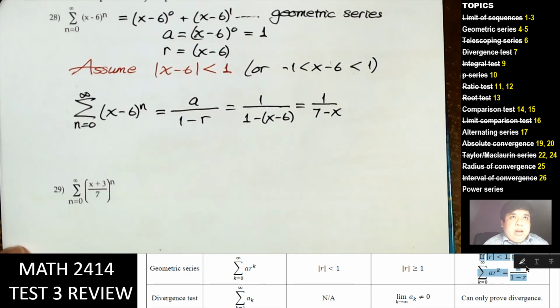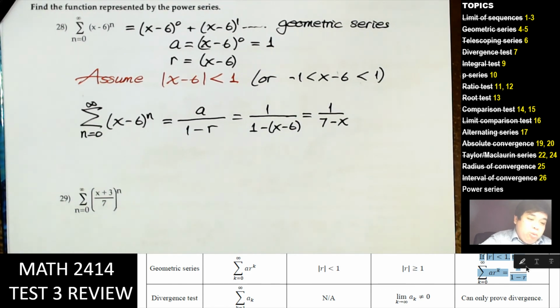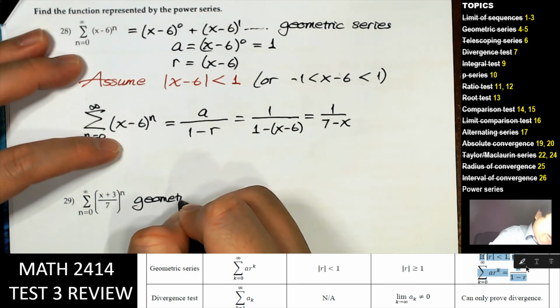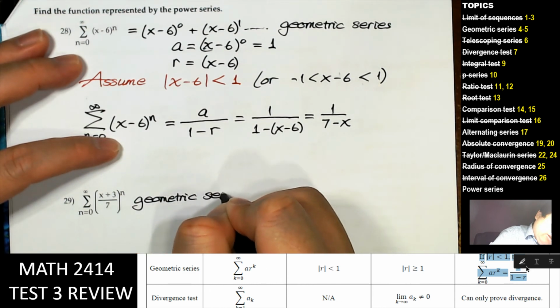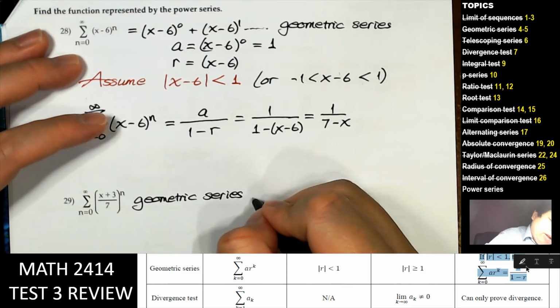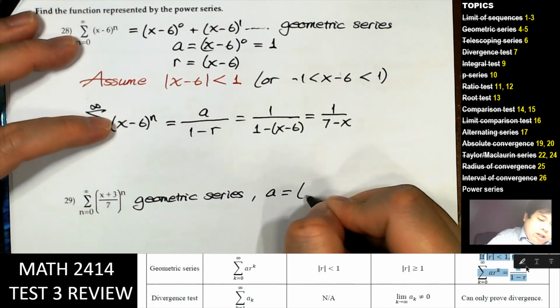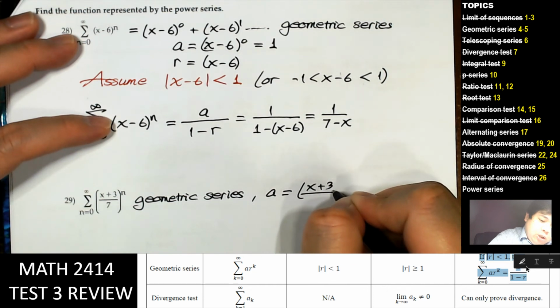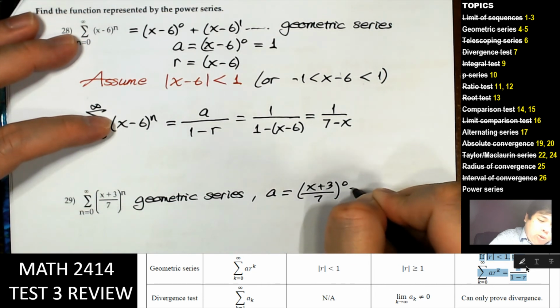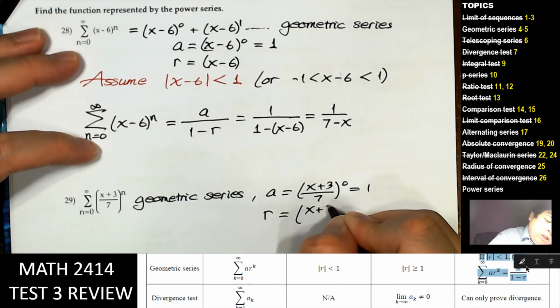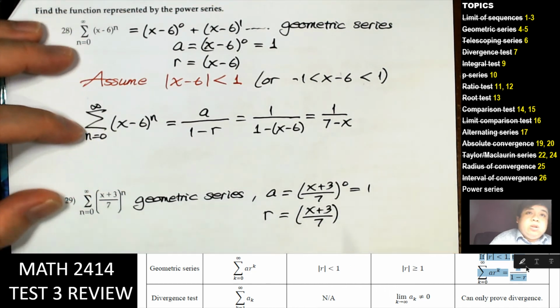We do the same thing here. This is a geometric series as well. The first term is when n equals 0, which is x plus 3 over 7 to the 0 power, which is 1. The common ratio is x plus 3 over 7.